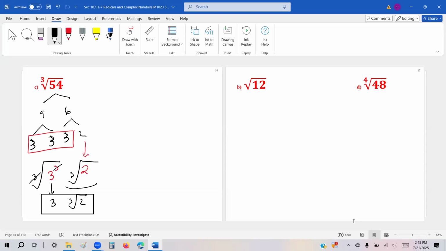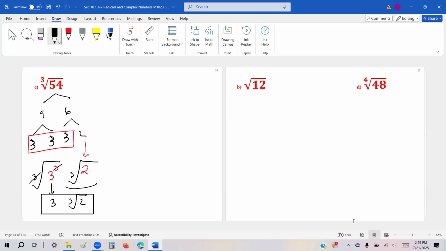It's a potential. Put the four inside, so it's a potential.